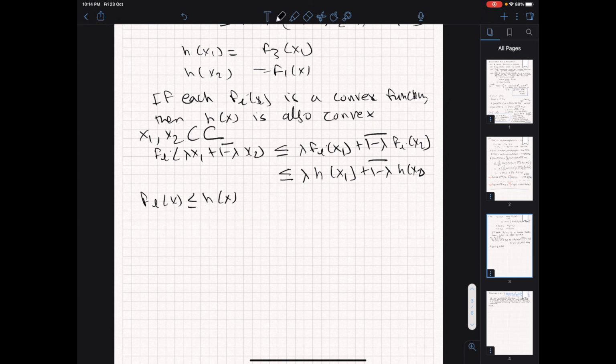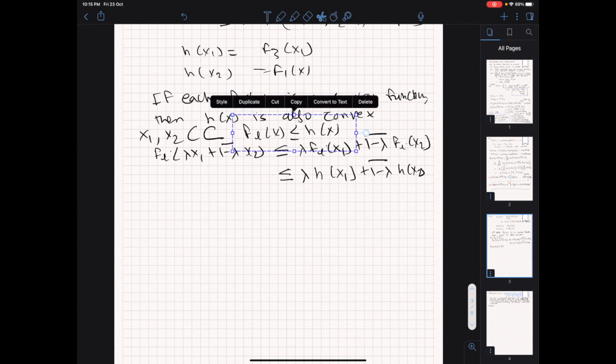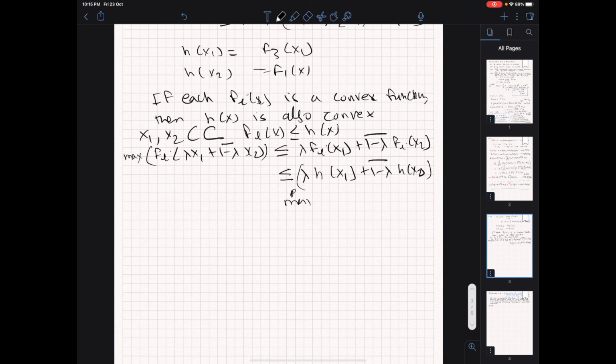Now you take the max of all of them and look at the corresponding max of this.